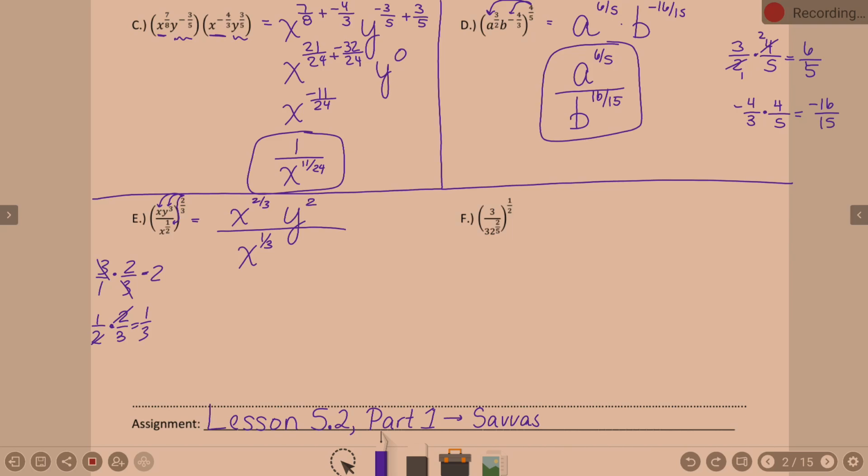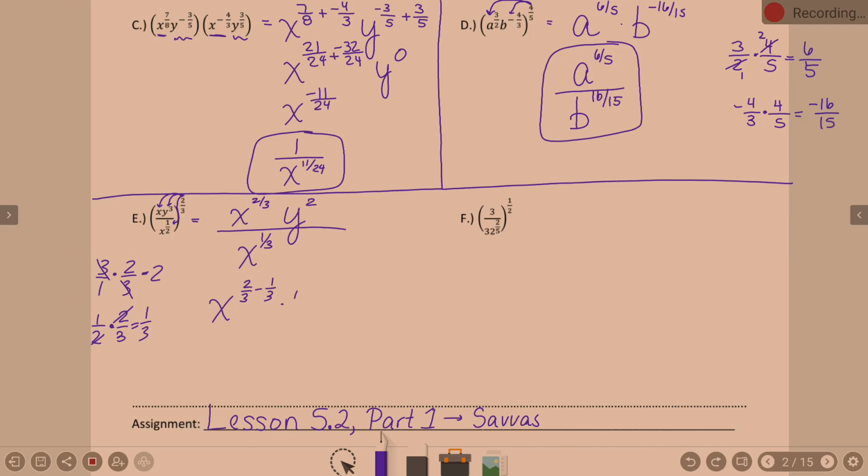Since we have an x on top and an x on bottom, these x's are being divided. What's the rule for when we're dividing? Keep the base and do what with the exponents? Subtract. So we're going to do x to the 2/3 minus 1/3.